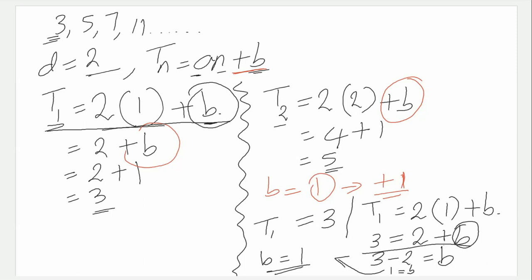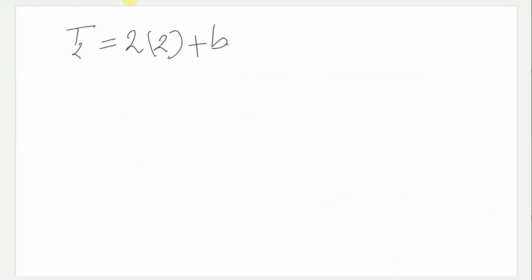Let me repeat the same thing using our second equation here. I'm going to take this equation and do the same thing to show that the value of b is the same. So we have that T2 is equal to our constant difference times our term number, which is 2, plus b.